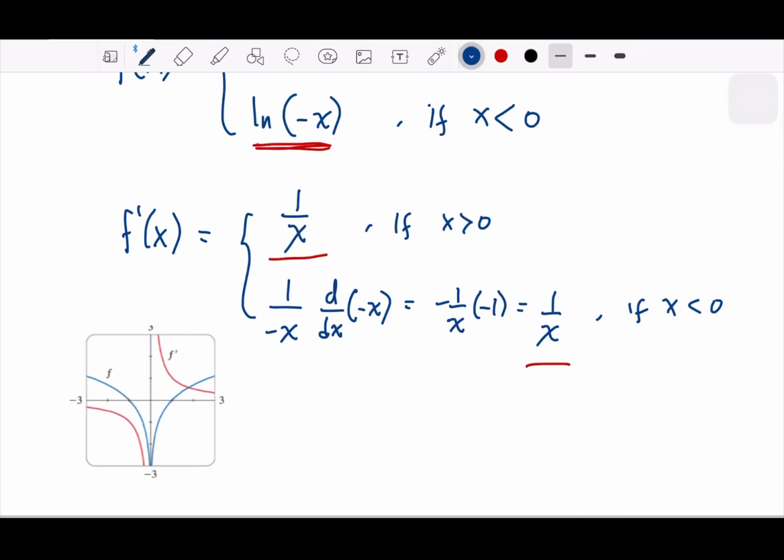So we can say in conclusion that f prime of x is 1 over x for all x except x equals 0.